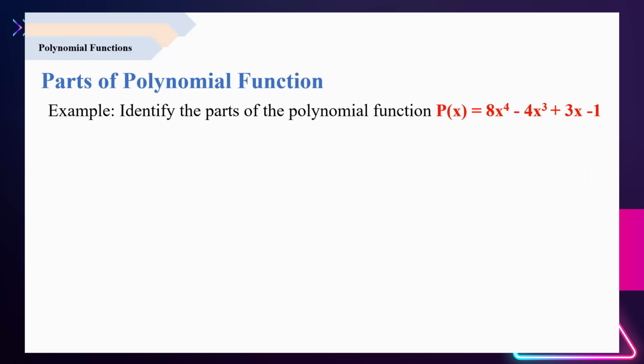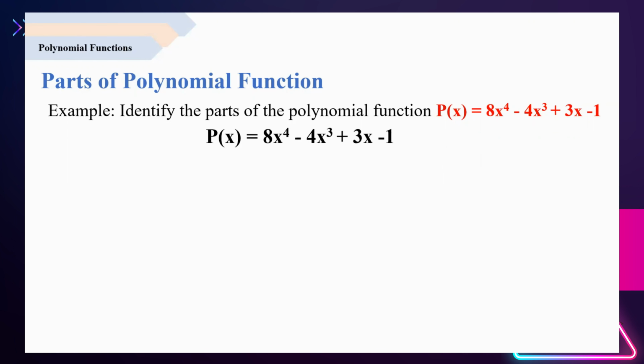When we say standard form, ang kanilang exponent ay nakaayos from highest exponent to lowest exponent. So, since ang ating given naman ay nakaayos na into standard form, P of x is equal to 8x raised to the 4th power minus 4x cubed plus 3x minus 1. Let us identify the degree, the type of function, the leading term, the leading coefficient, and the constant term.